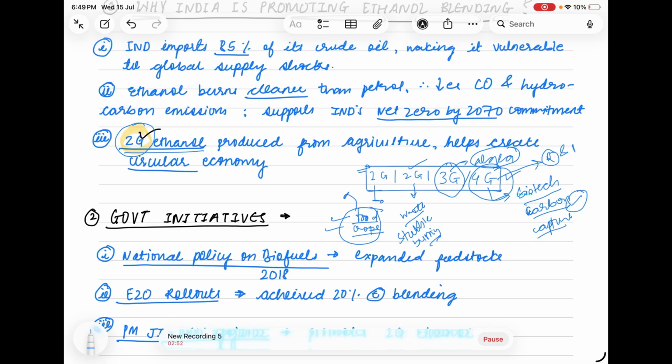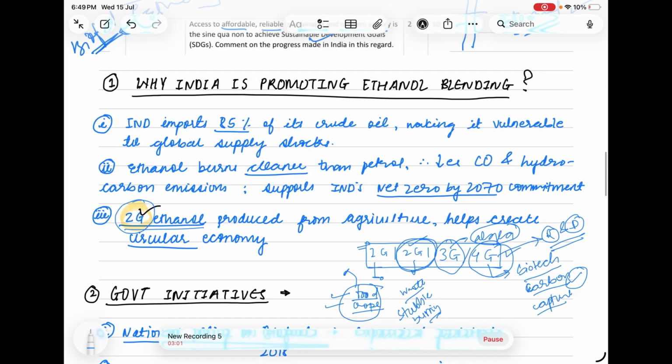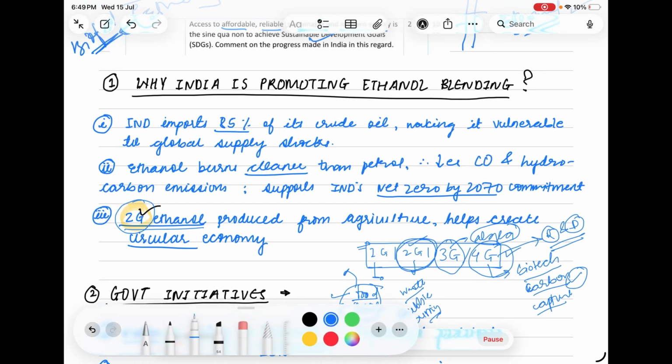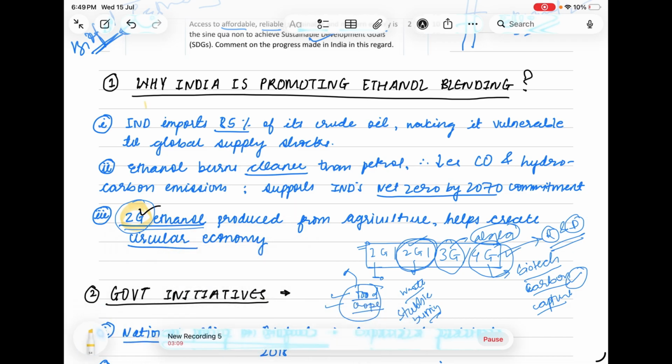Exactly. Now the third generation ethanol has high future potential but is still expensive, and it is produced from algae, correct? The fourth generation ethanol uses advanced biotech and helps in carbon capture.